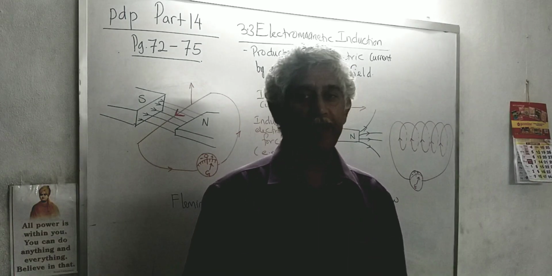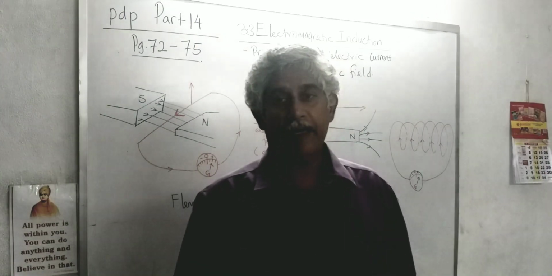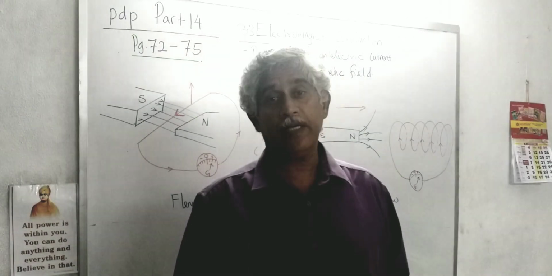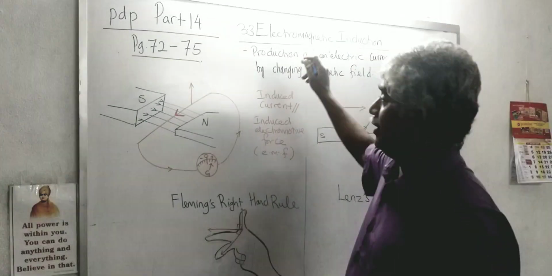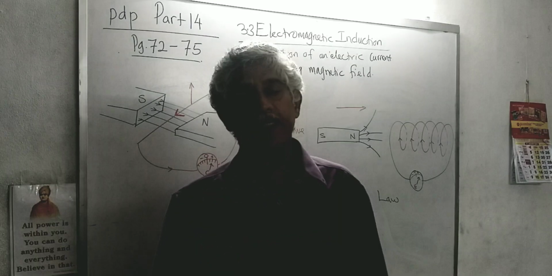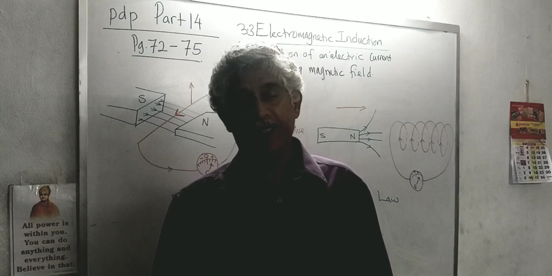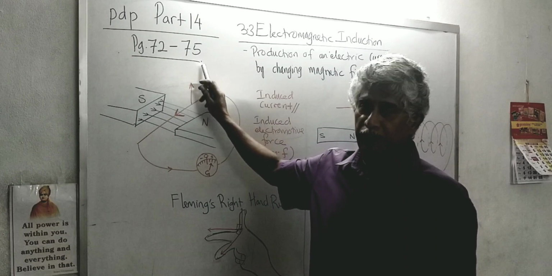Some electrical appliances use direct current, and some use alternating current. What we are going to see eventually is producing current, which is also known as induction current. You can focus on pages 72 to 75.